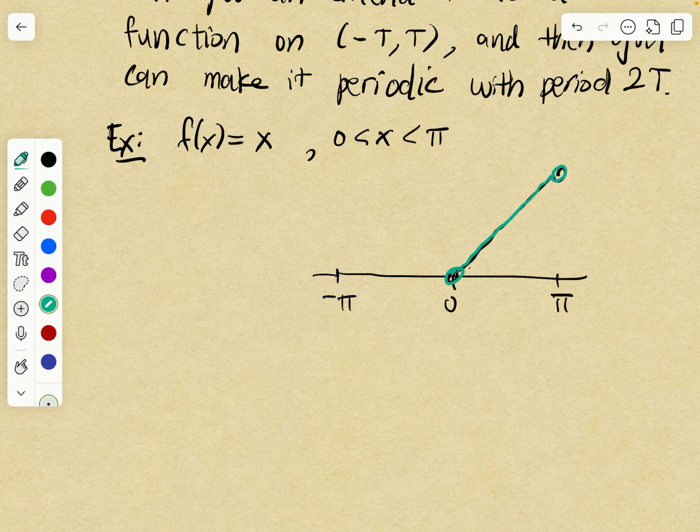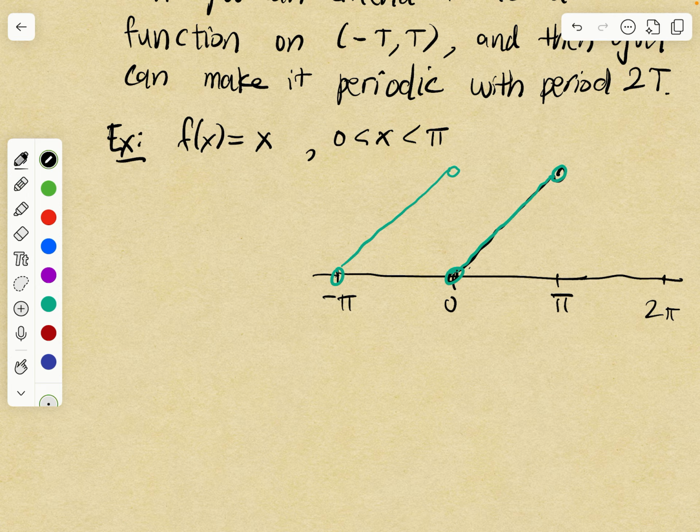So one way to do this is to make it periodic with period pi. So you can just take this part and just shift it to the left by pi. And if you do that, you end up getting this. So this function now is periodic with period pi. And actually you can keep going.